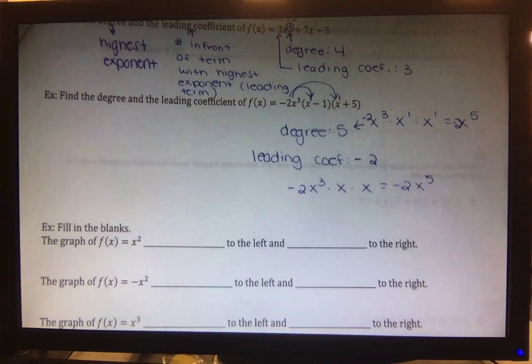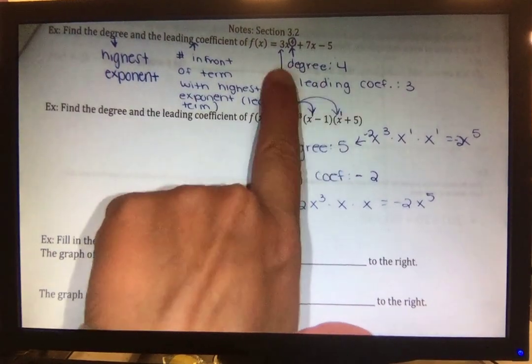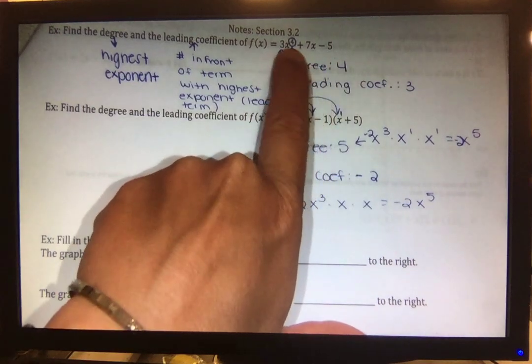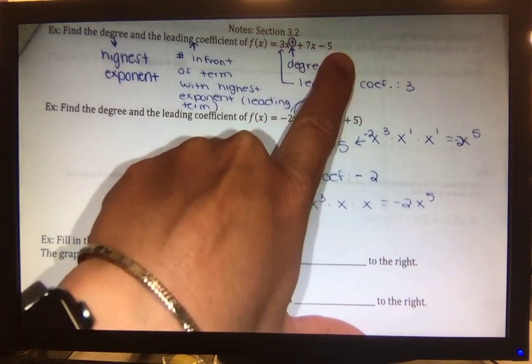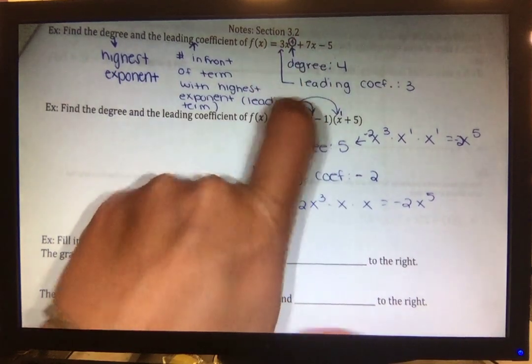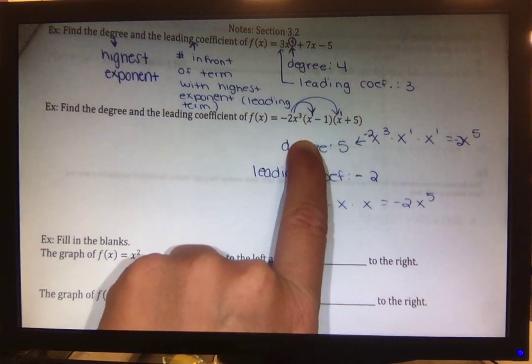Explain to me, please, how finding the degree with this problem is different than the previous problem. Gotcha. So do you see how this one's already in general form, where it's already all multiplied out for us? It's just this term plus this term plus this term. So that was easy. I could say, okay, this is the leading term. That's my degree. That's my coefficient. Done. Over here, they didn't put it in general form for us.